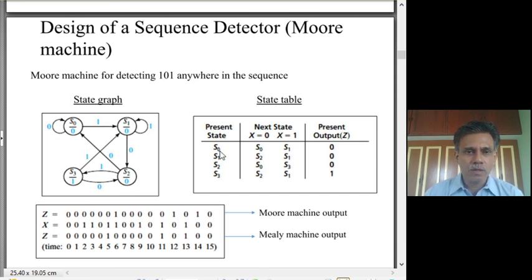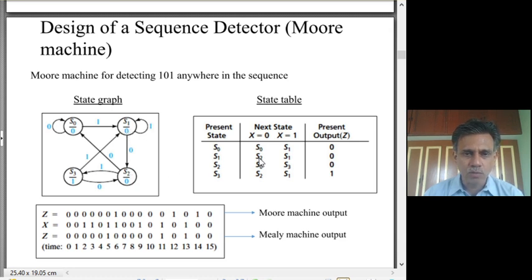And what do we do? When you are in S0, for x equal to 0 you remain in S0, for 1 you go to S1, that is given here. In S1, for 1 you remain in S1, for 0 you go to S2.